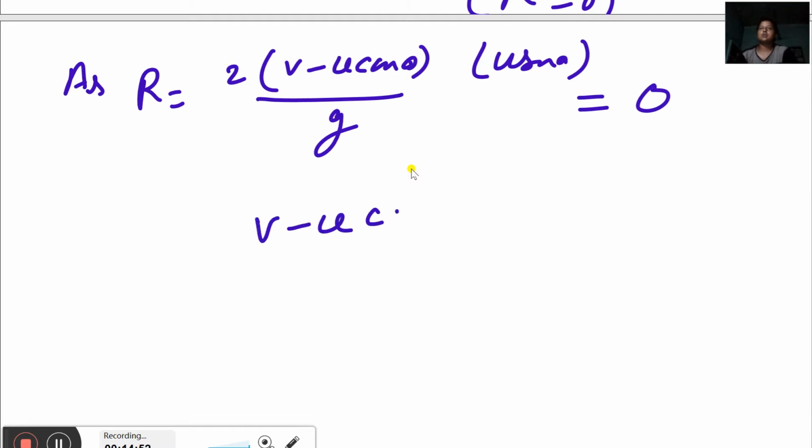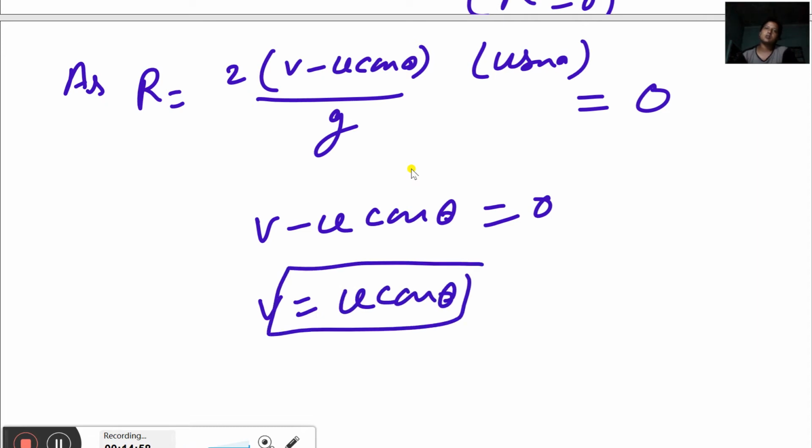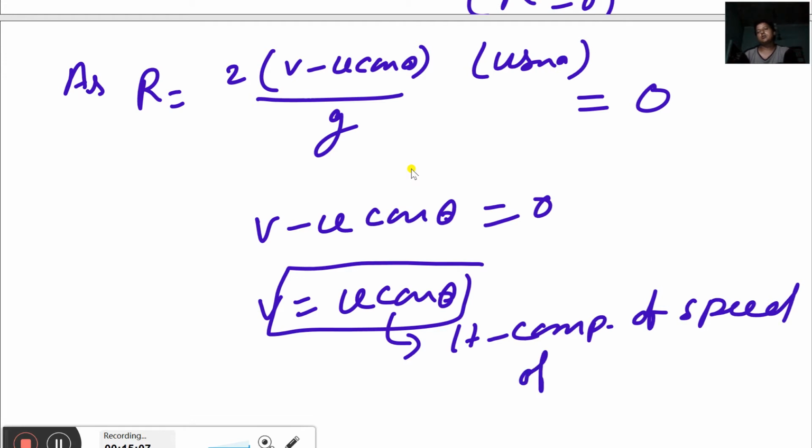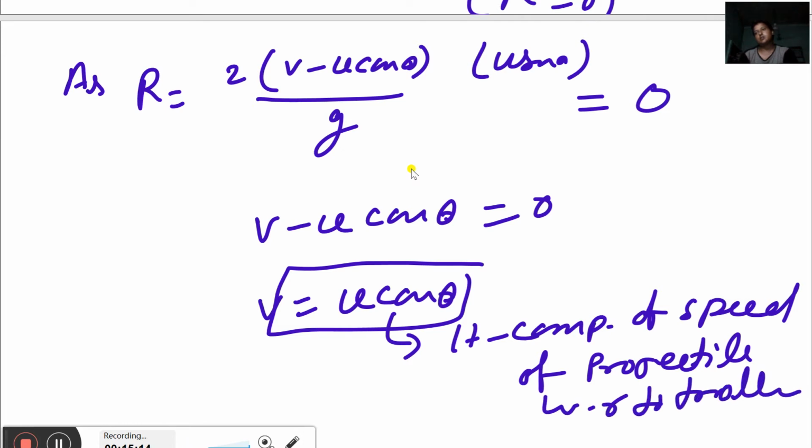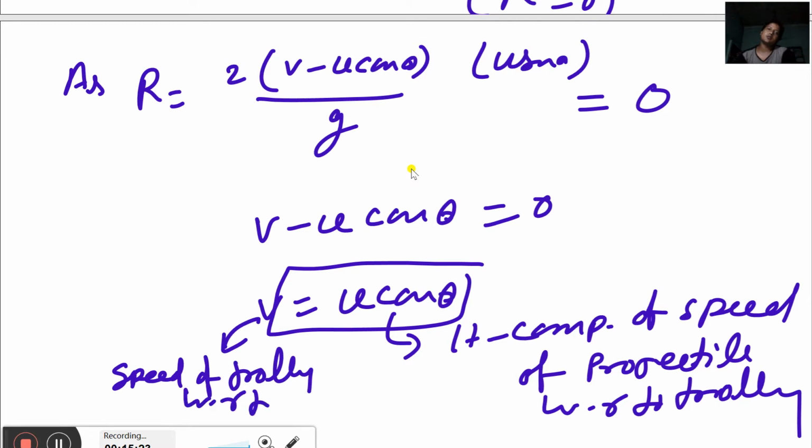So v minus u cos theta equals to 0, v must be equal to u cos theta, means the horizontal component of speed of projectile with respect to trolley equals to the speed of trolley with respect to ground.